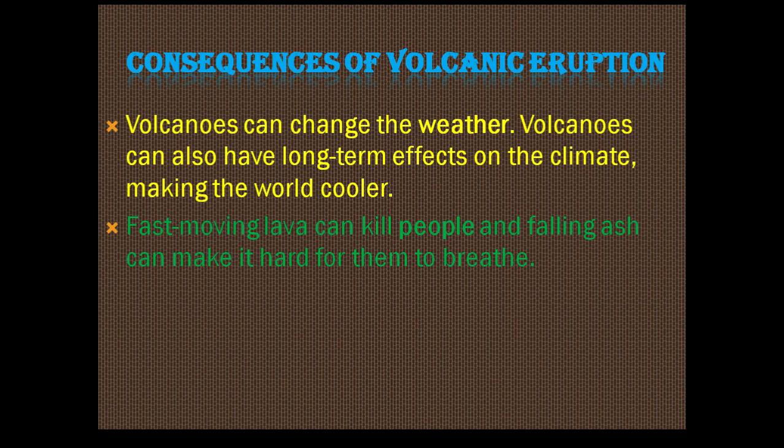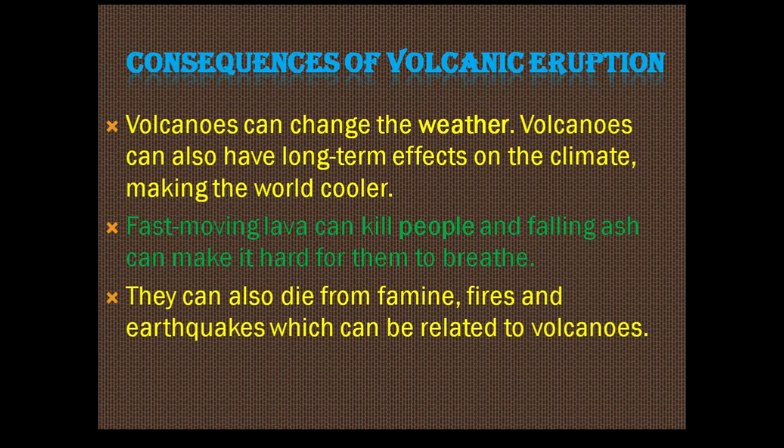Another consequence can be fast moving lava, which can kill people or anything which comes in contact with the lava, and falling ash can make it hard for people to breathe. It can cause severe breathing problems, and people can die from these things.